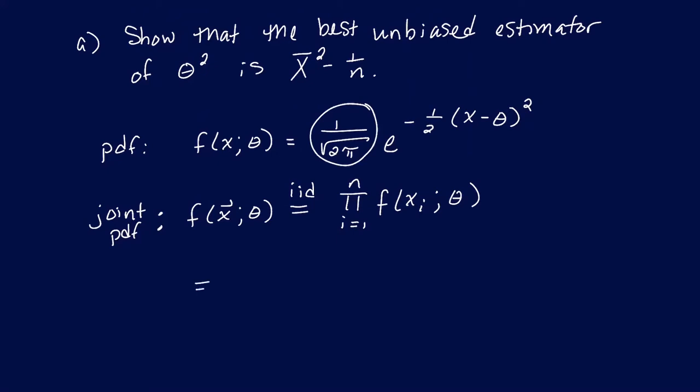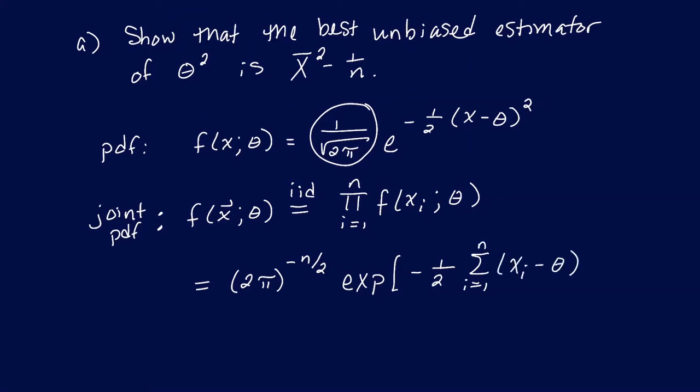You don't have to do this, but I like to write this as 2 pi to the negative 1/2 to the n, which is going to be to the negative n over 2. And I think I'm going to go ahead and write the e as an exp because the exponent is getting kind of chunky. And this is going to be negative 1/2 the sum as i goes from 1 to n of xi minus theta squared.